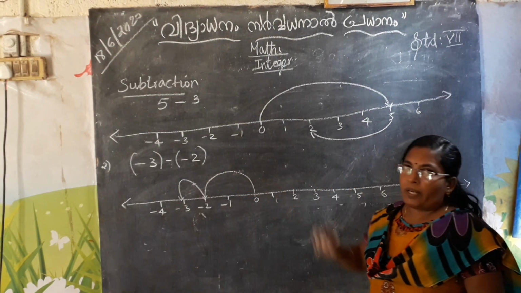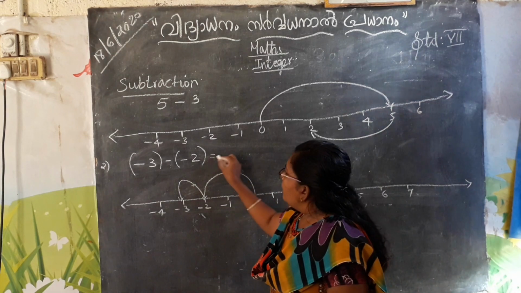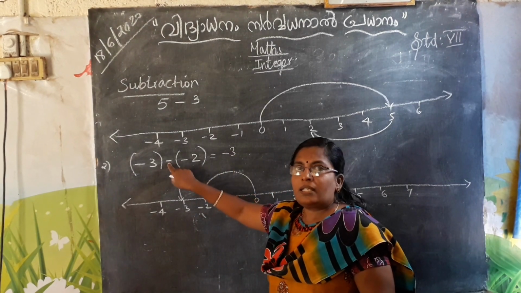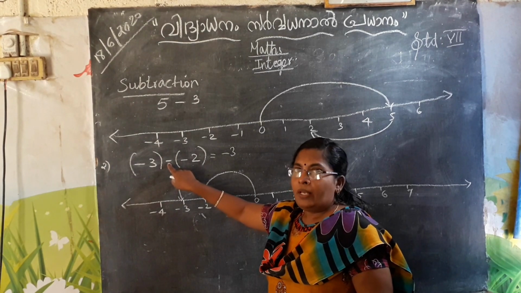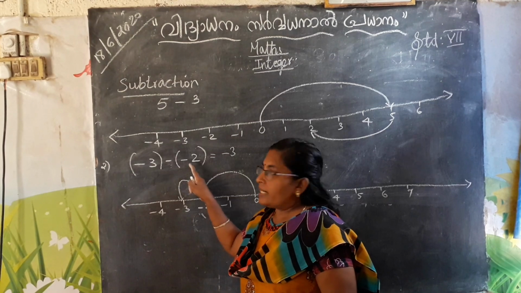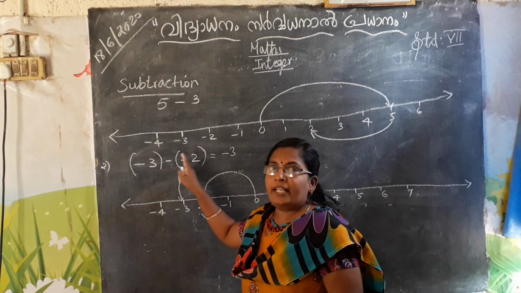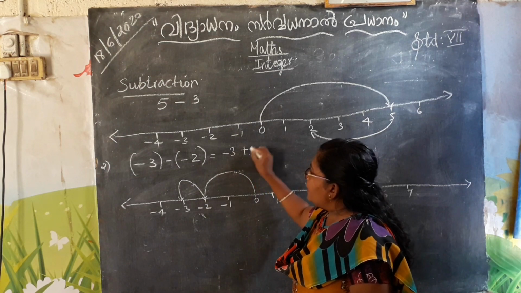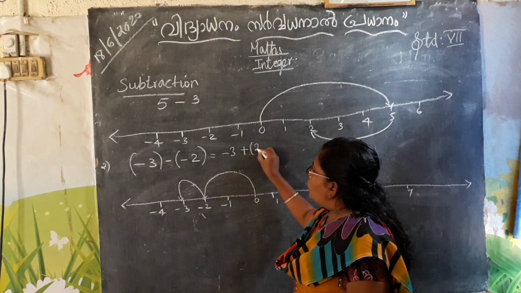We are going to subtract. Here, -3. Subtraction: last year you studied that when we subtract two negative integers, we change the sign of the subtrahend. That is -3 plus 2.